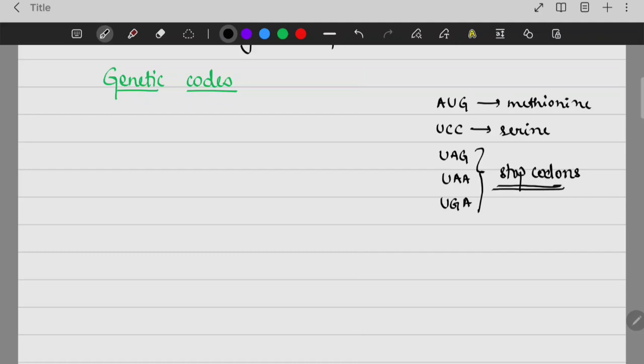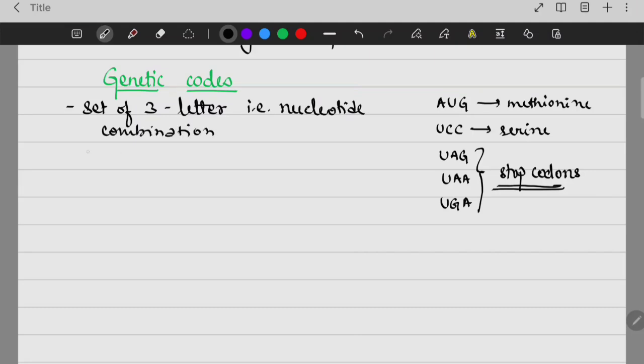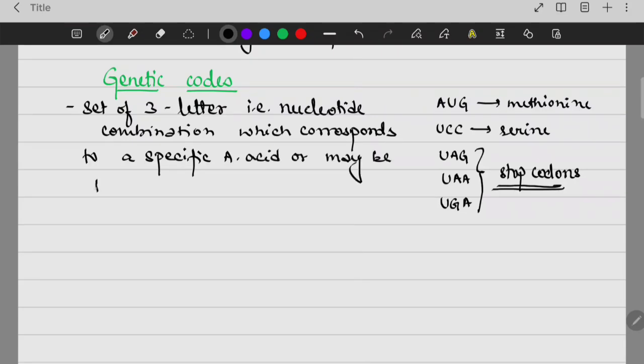So what is genetic code? Genetic code is a set of 3-letter, that is nucleotide combination, which corresponds to a specific amino acid or maybe the stop codon.